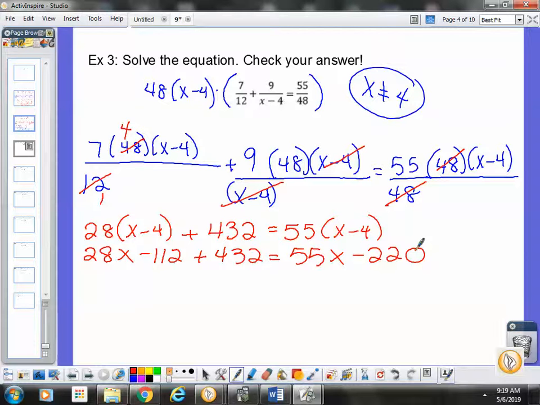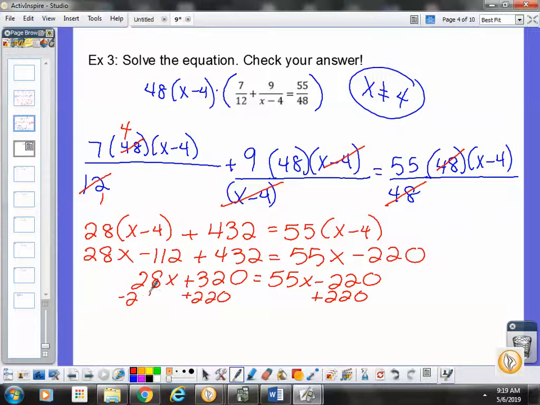Negative 112 plus 432 is 320. Add 220 to both sides.